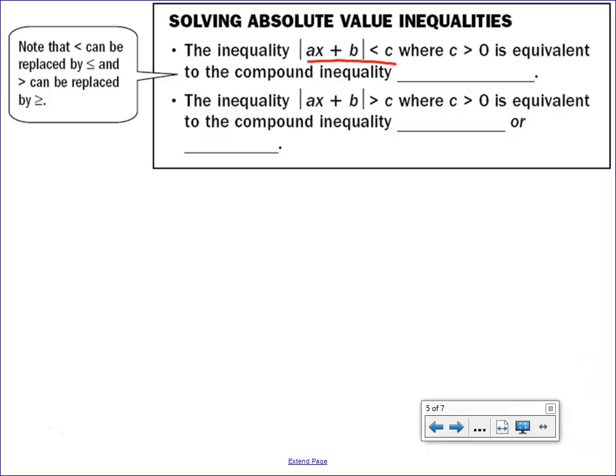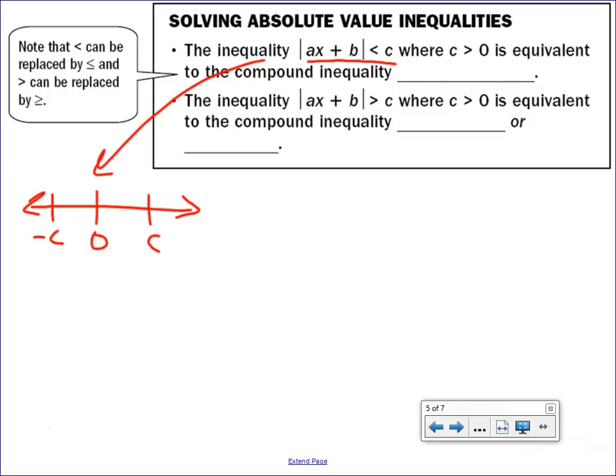Okay. So we know the absolute value is less than a value. Just as long as this value is positive, because we know if it's a negative, it's not going to work with absolute value. These distances have to be positive. We know if it's less than c, I'll just kind of draw this example here, 0. And I've got whatever value is here, and the opposite of that here.